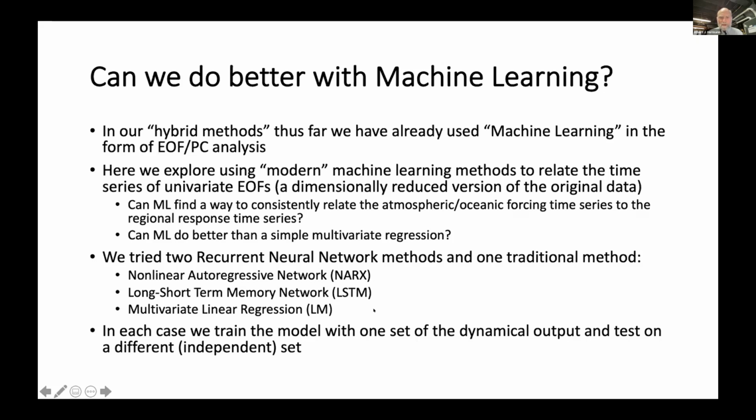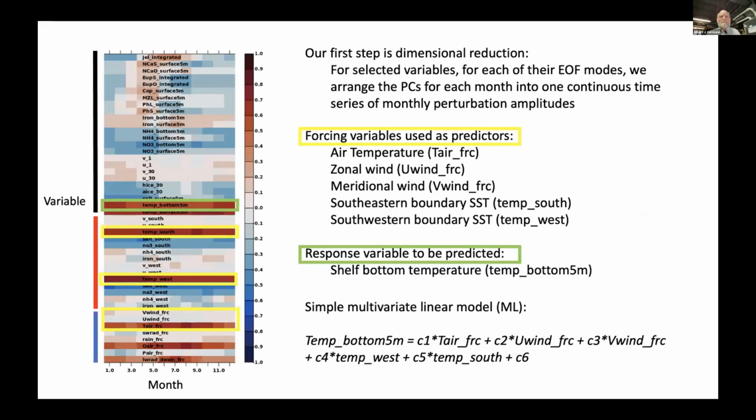call LM here. So in each of those cases, we train the model with one set of dynamically downscaled output and test it on a different independent set. As with the previously described method, we start with dimensional reduction.